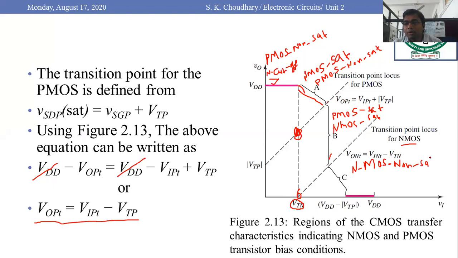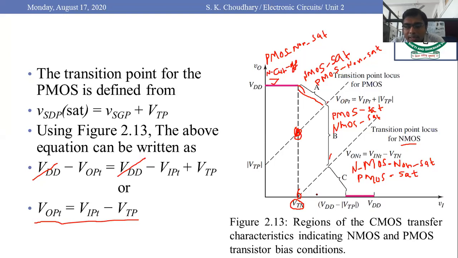This is the transition point for the NMOS, and PMOS continues in the saturation region. At C, PMOS is in the saturation region and NMOS is in non-saturation.